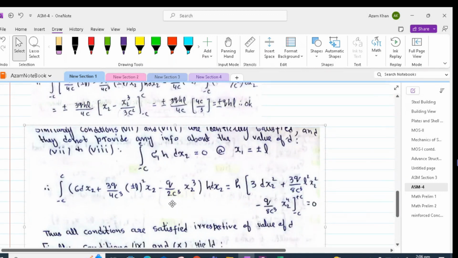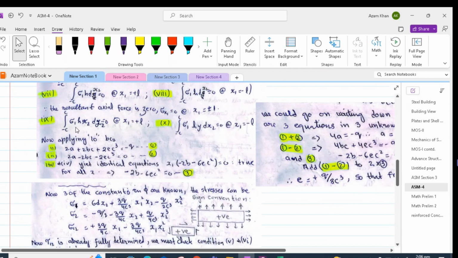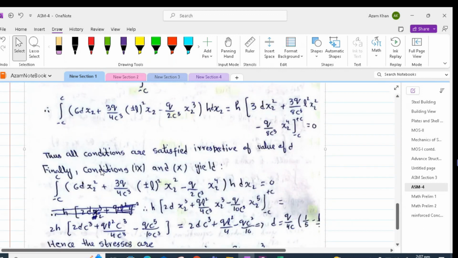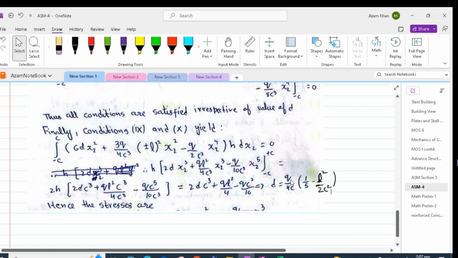So using the boundary condition 9 and 10, which is the integral of sigma 1 x2 dx2 from minus c to plus c equal to 0 at x1 equal to plus L, and the integral of sigma 1 x2 dx2 from minus c till plus c equal to 0 at x1 equal to minus L. So using this condition, we would get D is equal to Q by 4C times the bracket of 1 by 5 minus L square by 2C square.